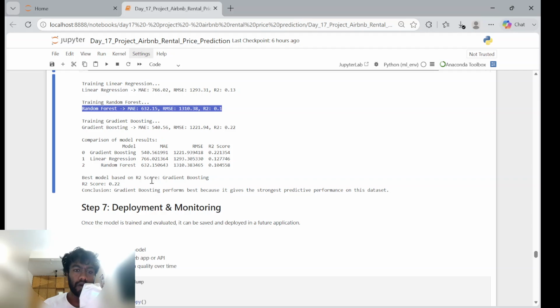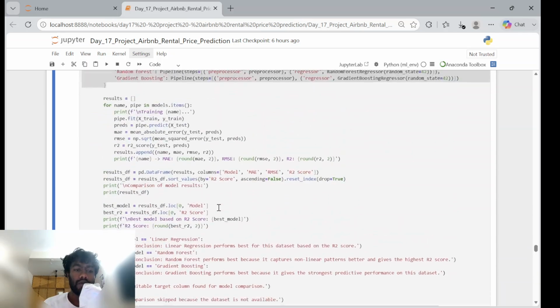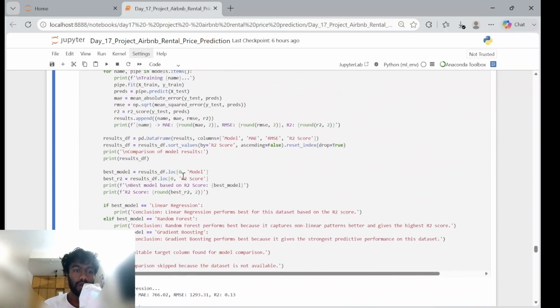Best model of R2 score, gradient boost. That's the value that we see here, right? So gradient boost is a best performing model and has the strongest performance on this specific data set of 500 rows. So that's about all the data sets and the way that we train here.